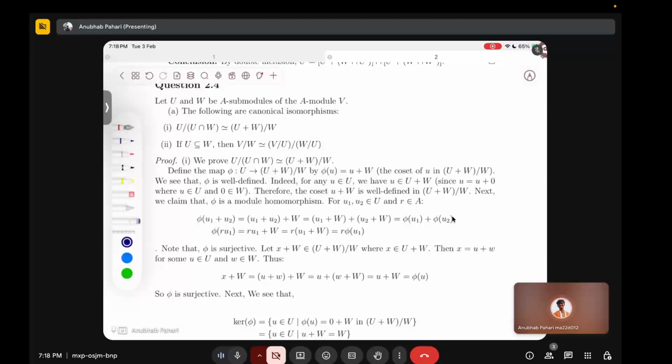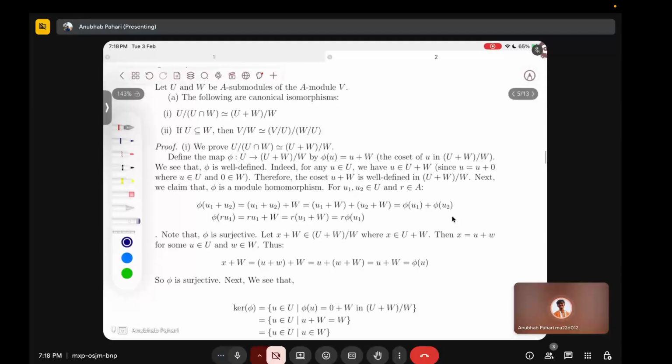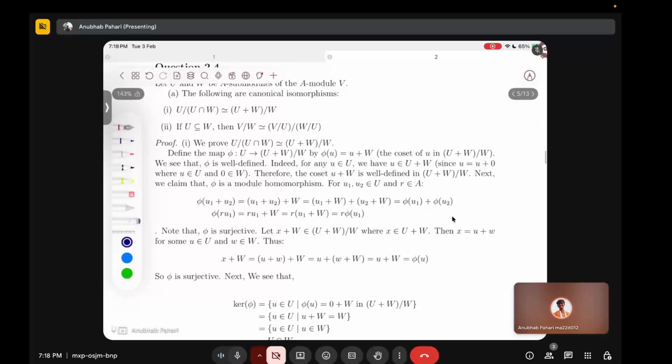Because small u is already an element of capital U plus capital W, and we see that phi is well defined. I mean, if you take small u from capital U, then small u belongs to capital U plus W, since u can be written as u plus 0. Therefore the quotient is well defined in this thing.